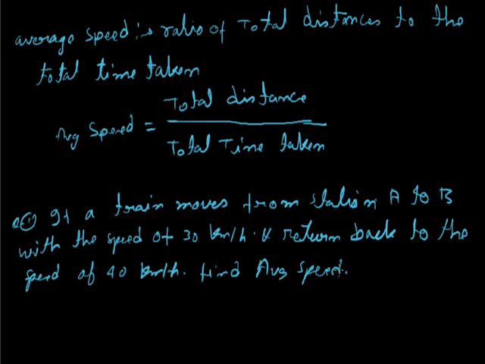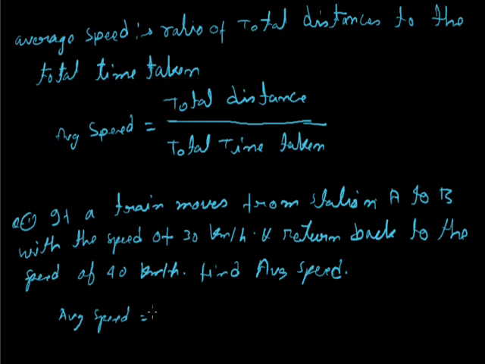So it is very clear to you, it is not a normal average of any numbers. It is total distance upon total time taken. So we will calculate the total distance and total time taken.